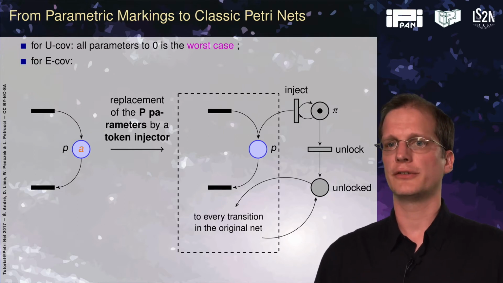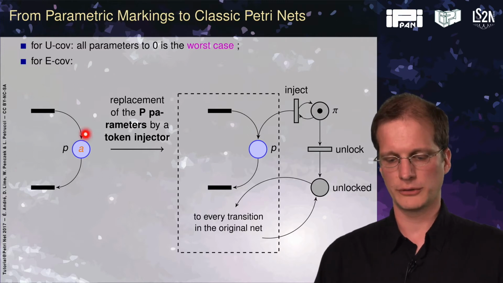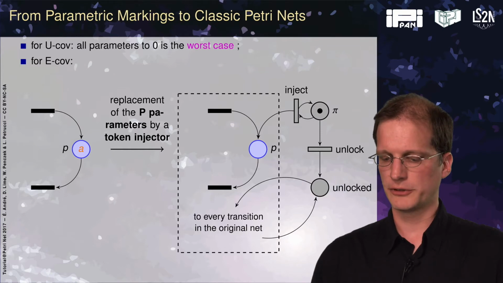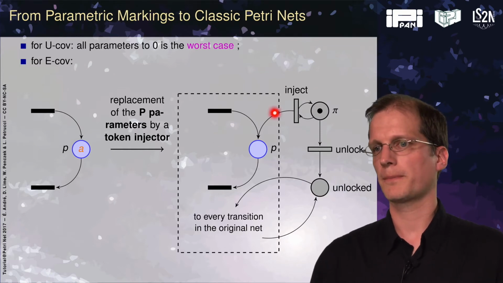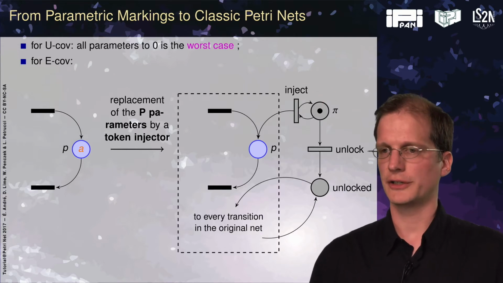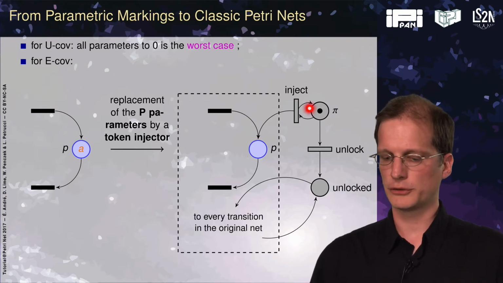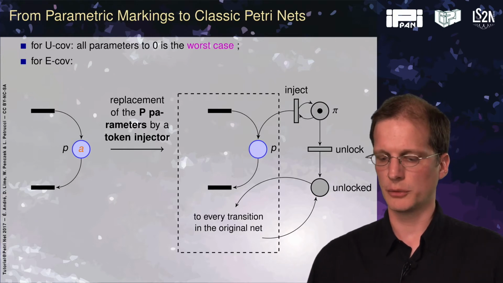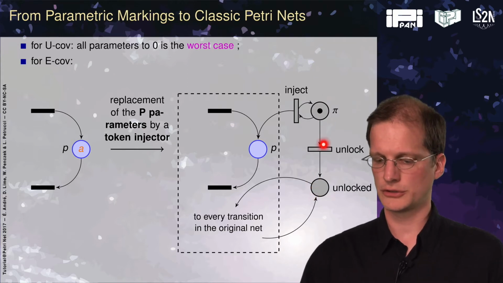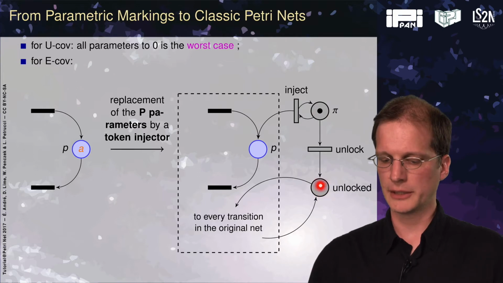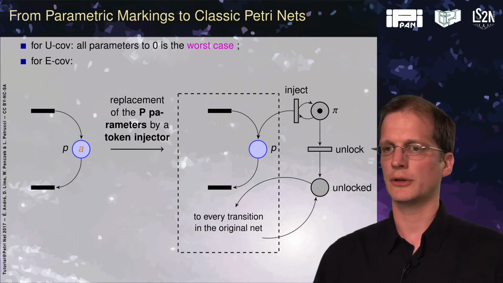We will just say that this Petri net with an initial marking of 8 tokens can be simulated by this Petri net with an initial token injector here that will put as many tokens as we want, and then when we have reached the number of tokens that we are interested in, we can just fire this transition, which will disable our injector, and then it will enable all the other transitions of the net.